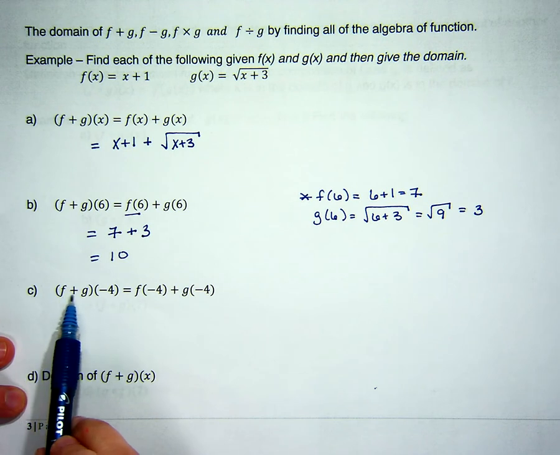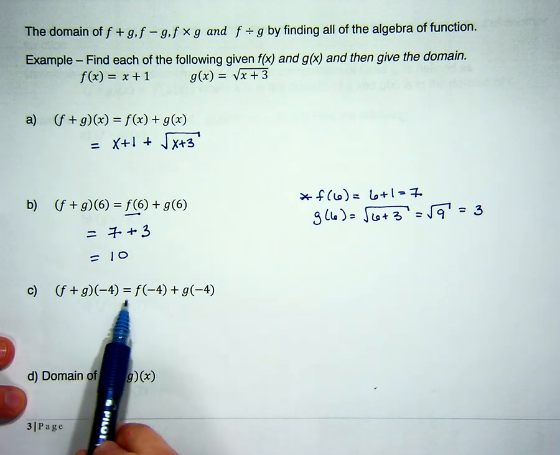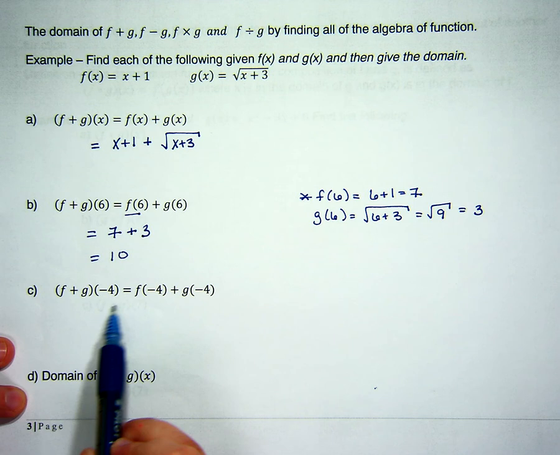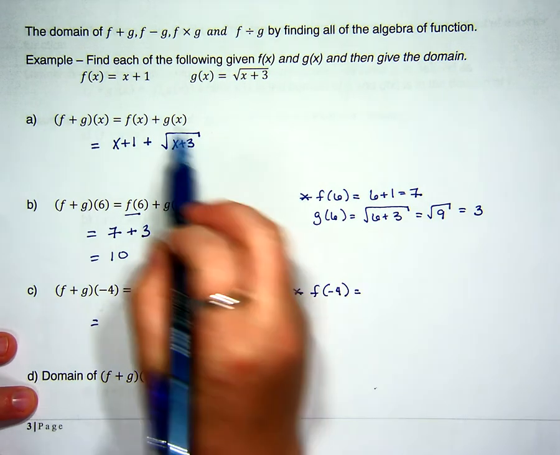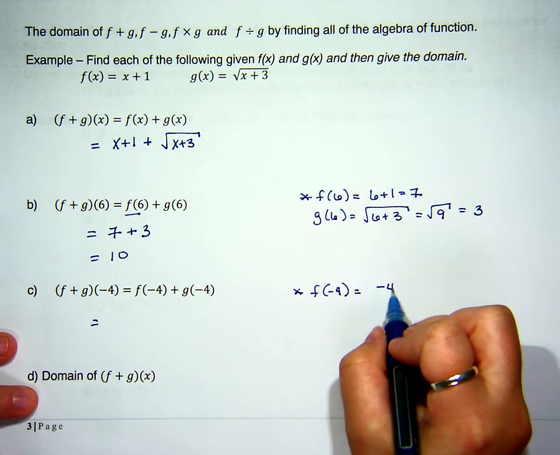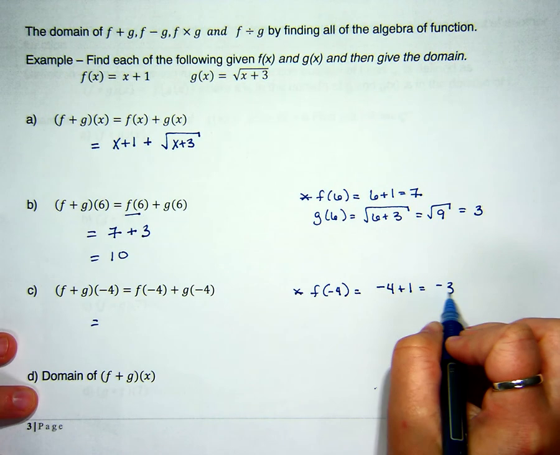What if I wanted f plus g of negative 4? Well, that's f of negative 4 plus g of negative 4. So let's again do our little side note. f of negative 4, simply evaluating, plugging in. Negative 4 plus 1 gets me negative 3. And let's find g of negative 4.